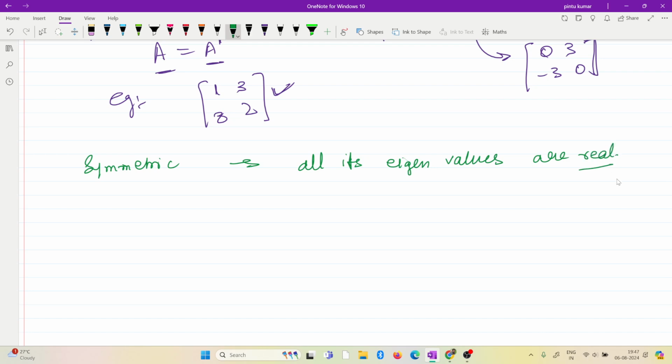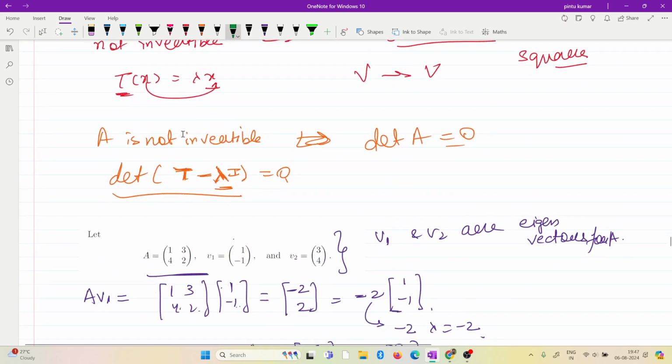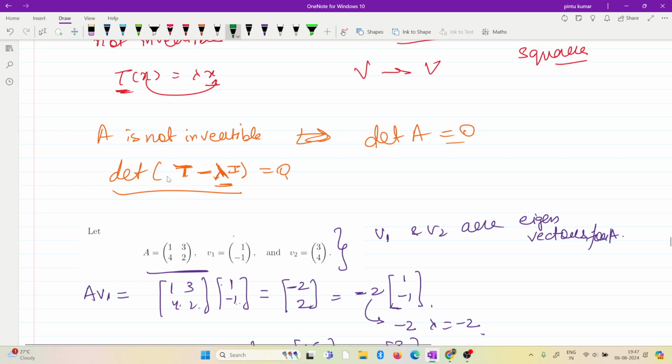All eigenvalues that you obtain for your symmetric matrix will always be real numbers. One thing I forgot to mention is that when you find your eigenvalues, you solve determinant of A minus lambda I equal to 0. The equation that you get out of it is known as the characteristic polynomial.